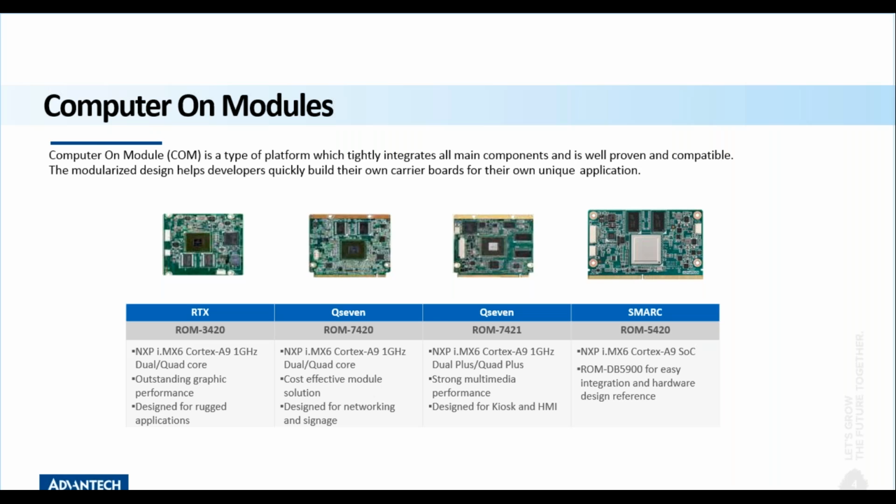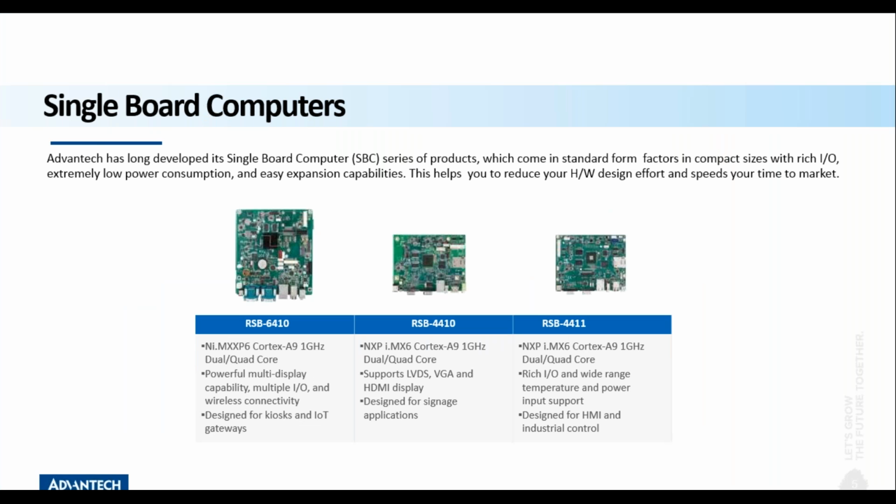Also for single board computers, we have Mini-ITX and 3.5 inch form factors. Basically, we cover from low end to high end, providing extremely low power consumption and easy expansion capability to help customers reduce their hardware design efforts.